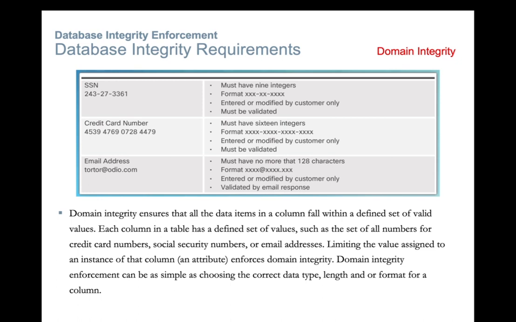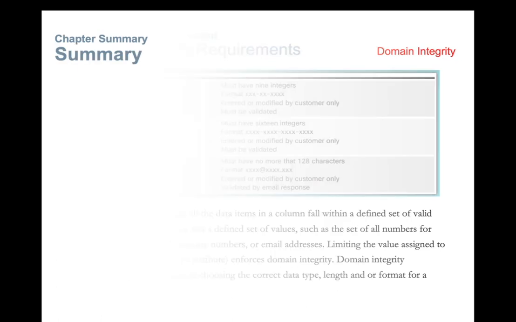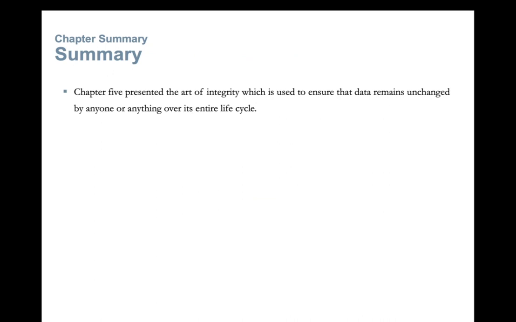Okay. So, if we try to summarize this chapter, in this session, we discussed how the art of integrity ensures that data remains unchanged by anyone or anything over its entire life.